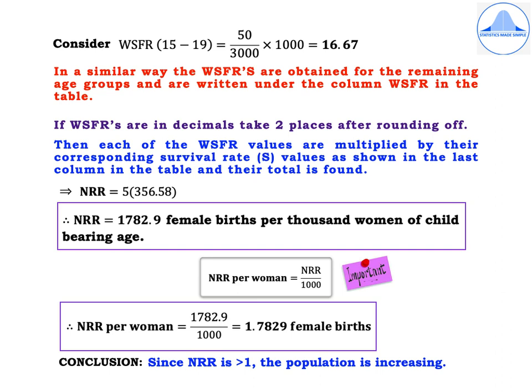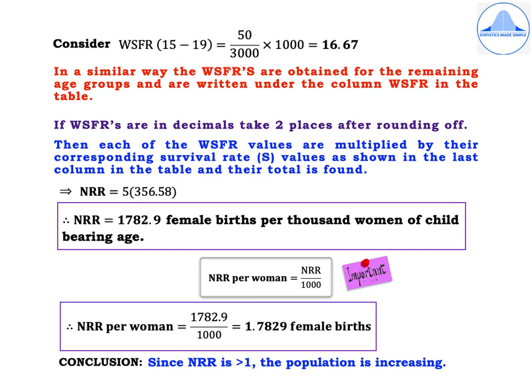Now the next step is to substitute this total in the NRR formula. So NRR is equal to 5 into 356.58, or NRR is equal to 1782.9 female births per 1000 women of childbearing age.